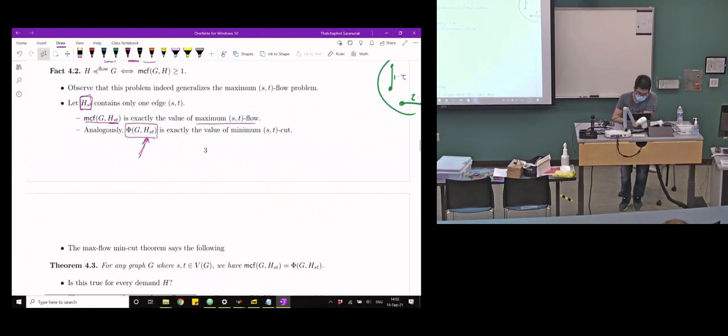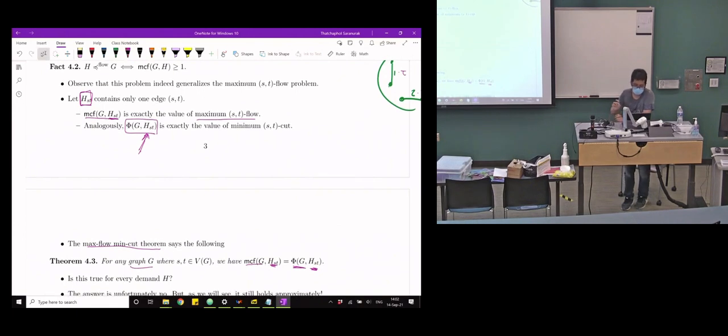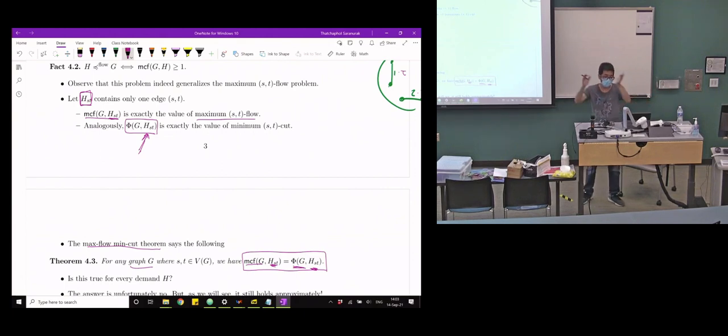So in other words, to write the Max-Flow Min-Cut theorem in this notation, the concurrent flow of G for this single demand is the H expansion of G when H is just a single edge. So maximum H concurrent flow and H expansion are tightly connected, at least for a single demand case.